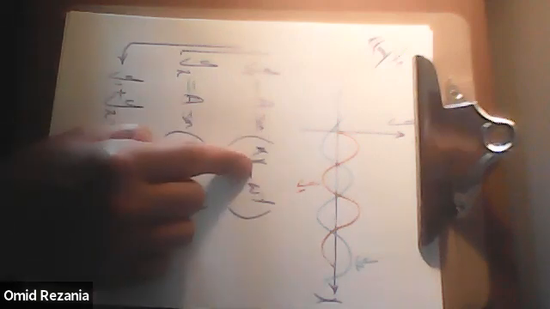Imagine kx is alpha, omega t is beta. Here t represents the time, x represents the space, and you will see in future how the wave equation mingles the dimension of time with the dimension of space. X is from the space, the Cartesian coordinates, and t is the time.